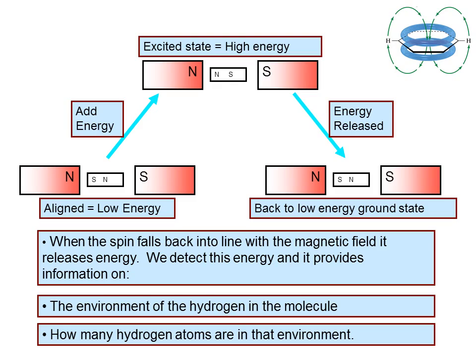But when the source of the applied magnetic field stops, the nuclei release energy and go back to the lower energy state. The energy released can be used to give an idea about the environment of hydrogen in the molecule and how many hydrogen atoms are in that environment.